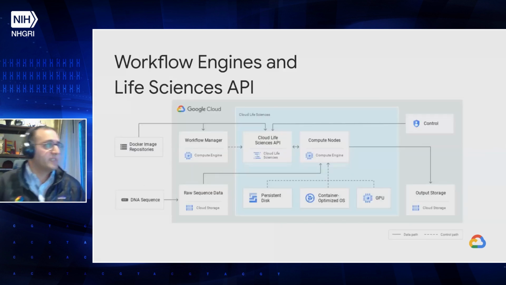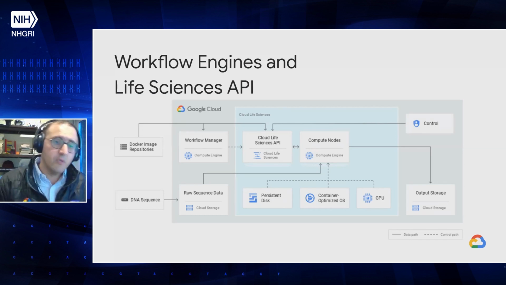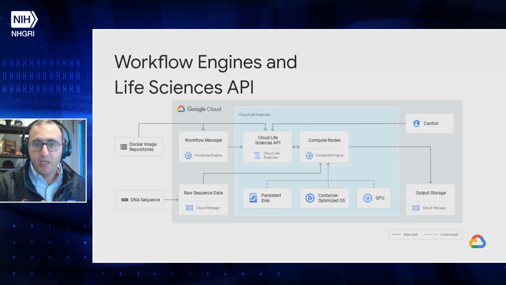Finally, looking at some of the workflow engines, and we've mentioned a few. We've mentioned Cromwell, Snakemake, and Nextflow as some of the examples that already integrate with our Life Sciences API. So this is a sample architecture of how it would look. Typically you would have your DNA sequencer, or if you're doing proteomics, your mass spec, or if you're doing single cell imaging, it could be your microscope.